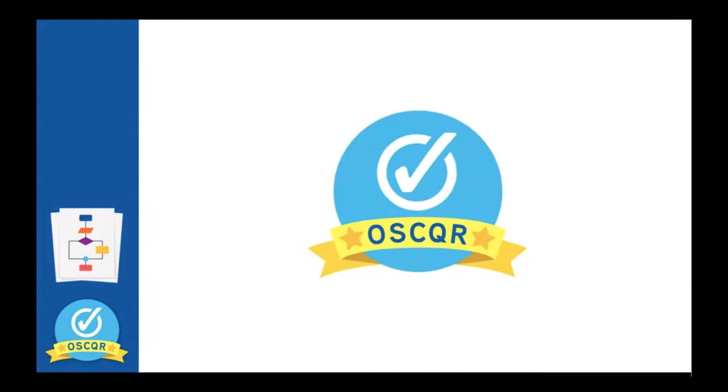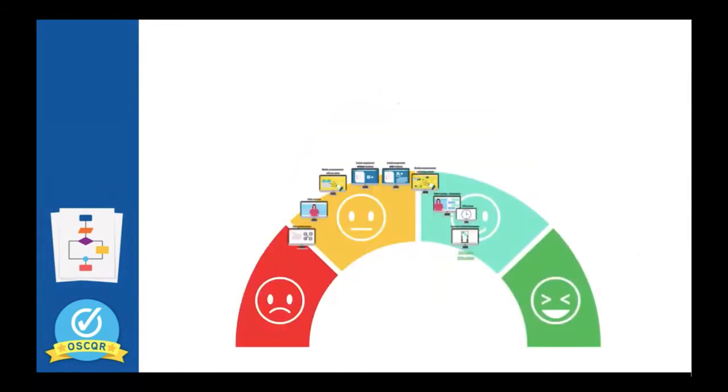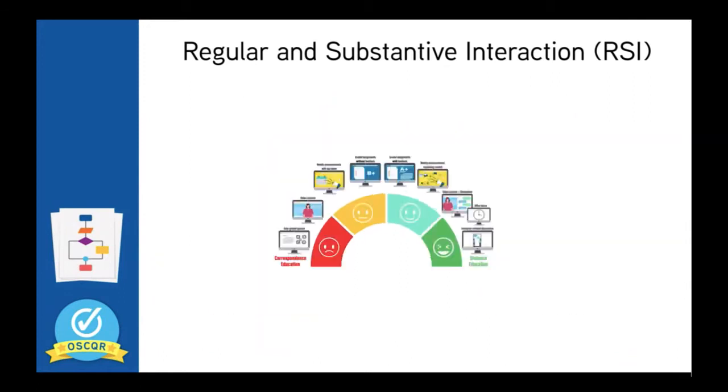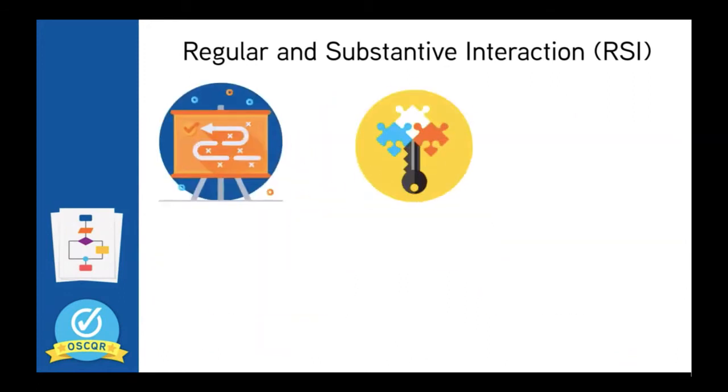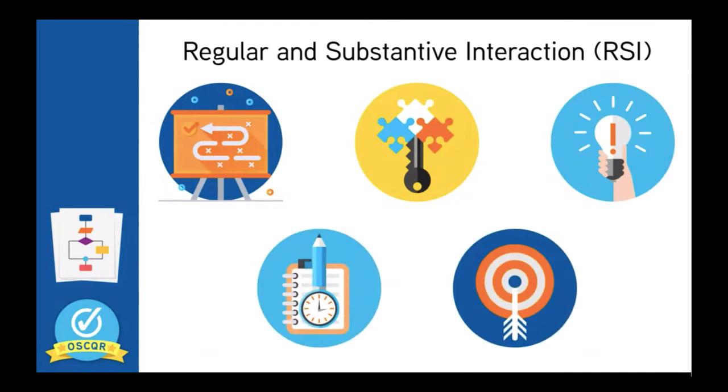OSCAR is the first online course quality rubric that specifically addresses the U.S. Department of Education regulation requirements for regular and substantive interaction, RSI, in the design of online courses. OSCAR can be leveraged by faculty, instructional designers, departments, and institutions to assist in planning, designing, improving, documenting, and implementing online courses and programs that are in compliance with RSI regulations.